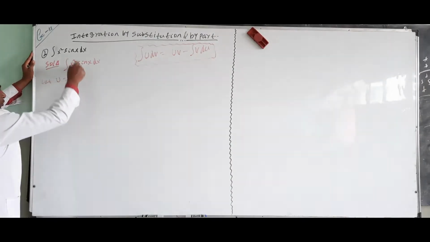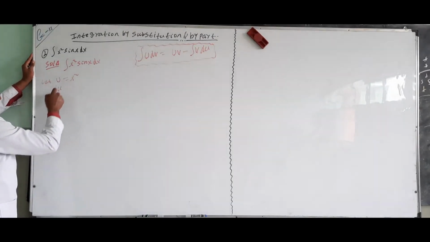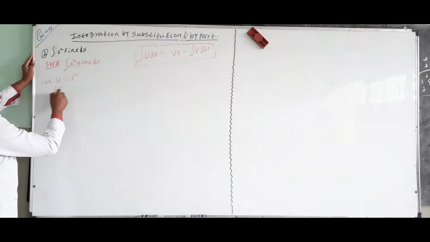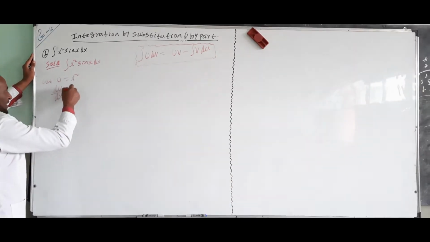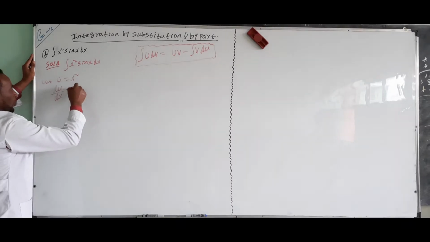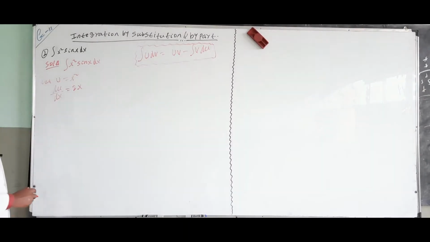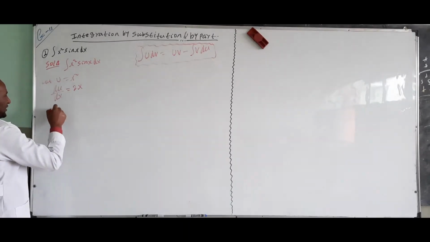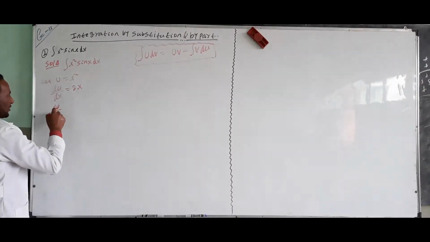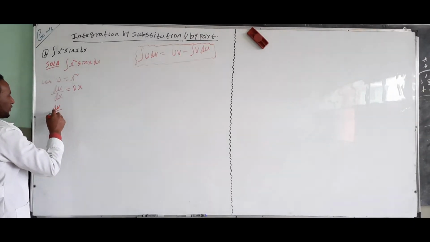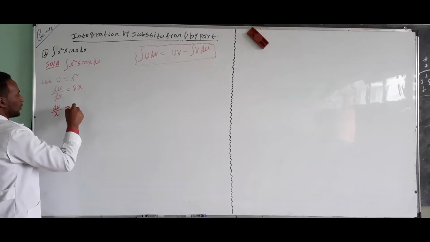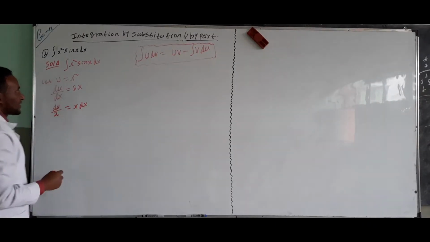u is equal to x square, and the derivative of u with respect to x is equal to 2x. Then du over 2 is equal to x dx.